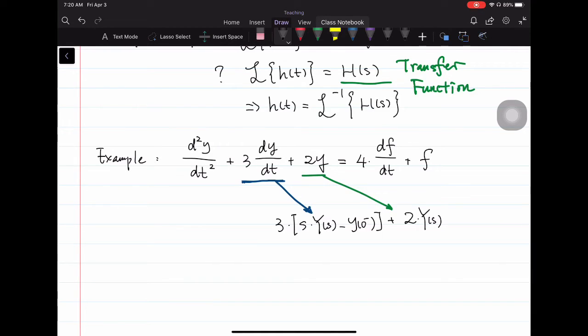And finally, for the first term, the second order derivative term, if we take its Laplace transform, the result will be s squared Y of s minus s times the initial condition, and minus the initial condition of the first derivative. Let me use y dot to indicate it.